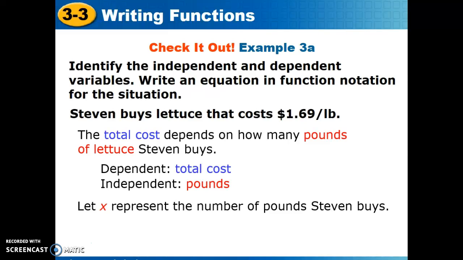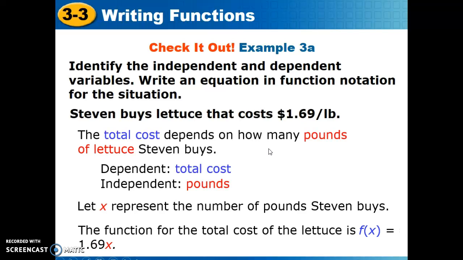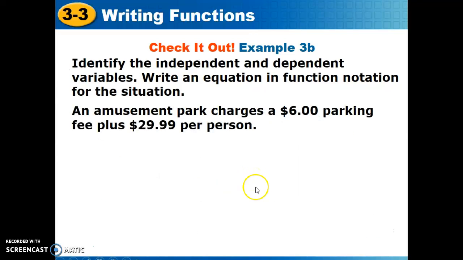We're going to let X represent the number of pounds being purchased, and the function of X is $1.69 times X, X being the pounds. So the cost, f of X, is $1.69 times X.